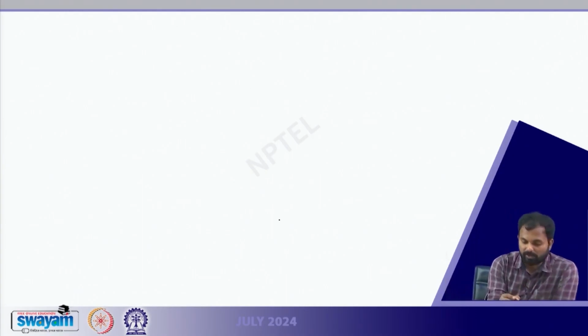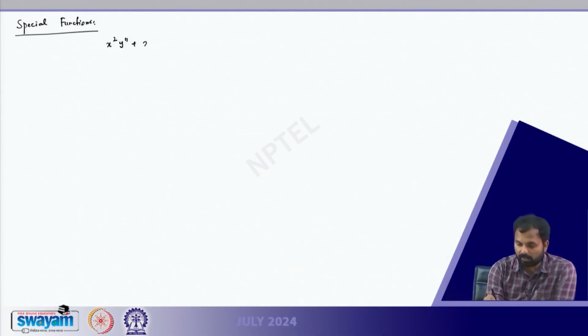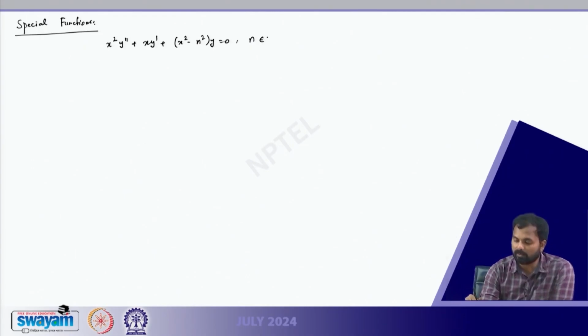So, special equations or special functions. They are called special functions because they have very nice applications in applied mathematics. Let us say we have this equation x square y double dash plus x y dash plus (x square minus n square) y equals 0, where n is a non-negative real number, that is, R plus union 0.